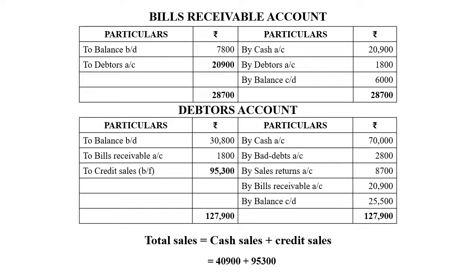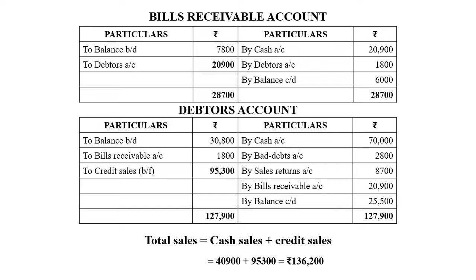Use the calculator, add the figures and find out the total sale. So my total sale will be rupees 1,36,200. Okay, so this is illustration number 3, where they asked you to find out total sale.